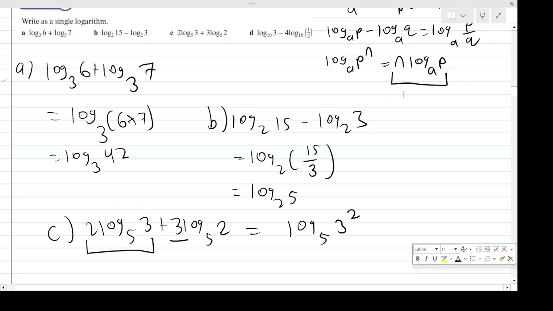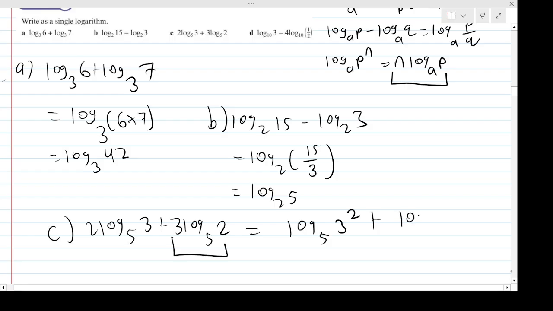Make sure you understand that. And likewise, if we add 3 log 5 of 2, if we bring the 3 as a power inside, that's log 5 of 2 to the 3. Now we've got rid of the coefficients, and they're just single logs, a coefficient of 1.